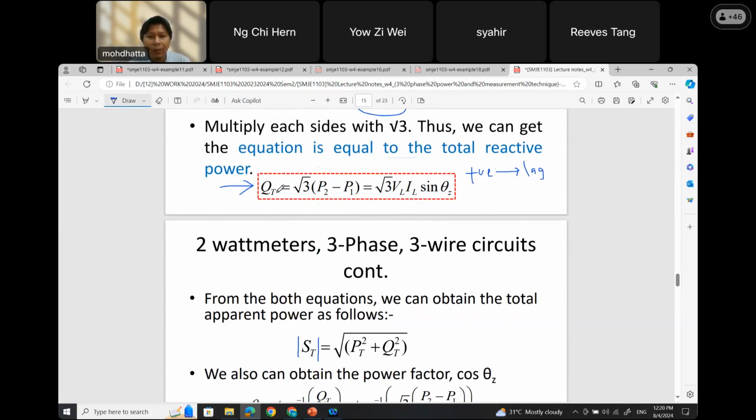And if our calculation over here, where we have maybe P1 greater than P2, makes this equation a negative value, we can say that our power factor will be a leading power factor.